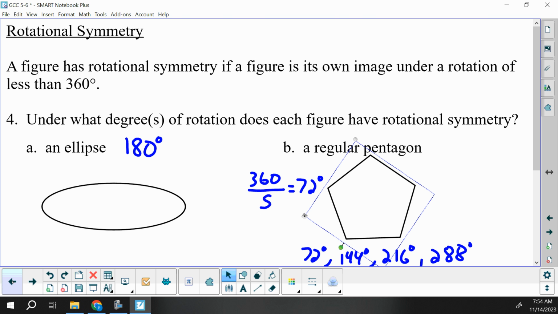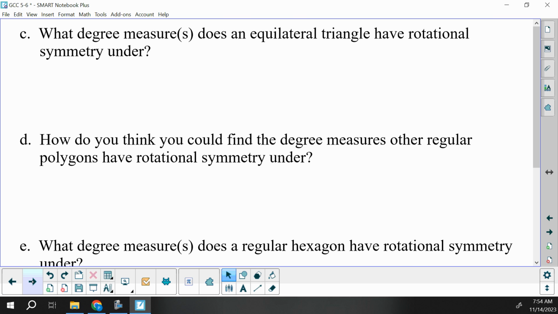Well, just to recap, with the pentagon, we did 360 divided by 5 because there was 5 congruent parts to get that smallest degree of rotational symmetry, and then we just added that degree amount over and over again. So in this case, we're going to have 360. The equilateral triangle has 3 sets of congruent parts, so we'll divide by 3, so that'll give us 120 degrees.